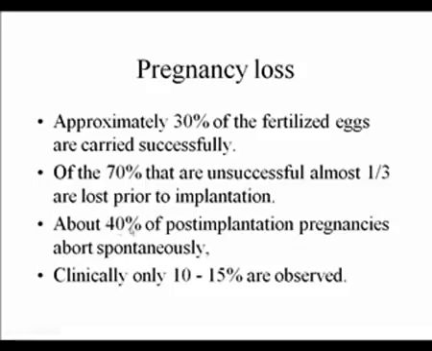Of the other 40% of post-implantation pregnancies, all but about 10 to 15% abort spontaneously, and it's that 10 to 15% that are observed clinically. So roughly 25 to 30% of the spontaneous abortions occur so early they're not noticed clinically.